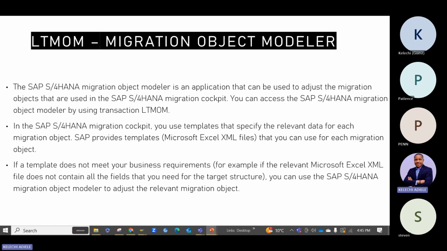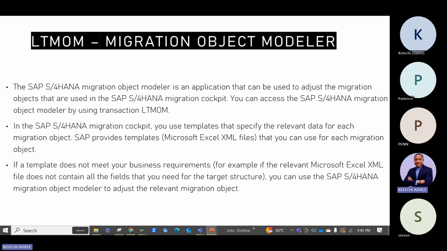You can also get that information in the video I also share. So you see here that if a template does not meet your business requirement, for example, if the relevant Excel file does not contain all the fields that you need for your target structure, you can use the S/4HANA migration object modeler to adjust the relevant migration object. So you can use the modeler to adjust the templates.